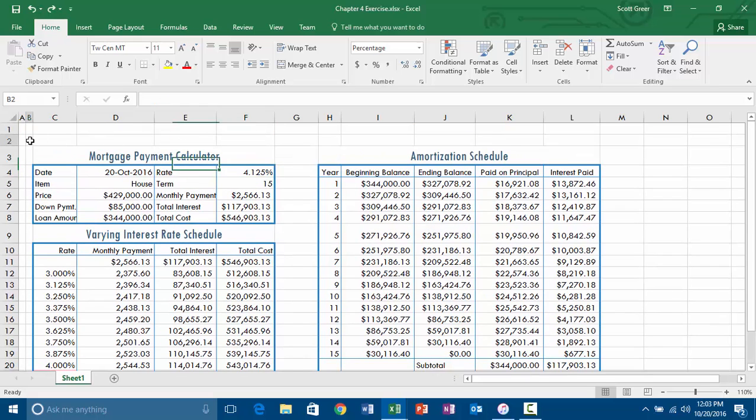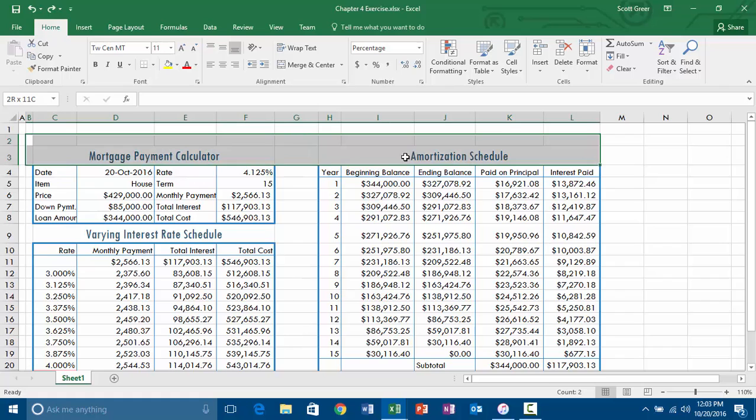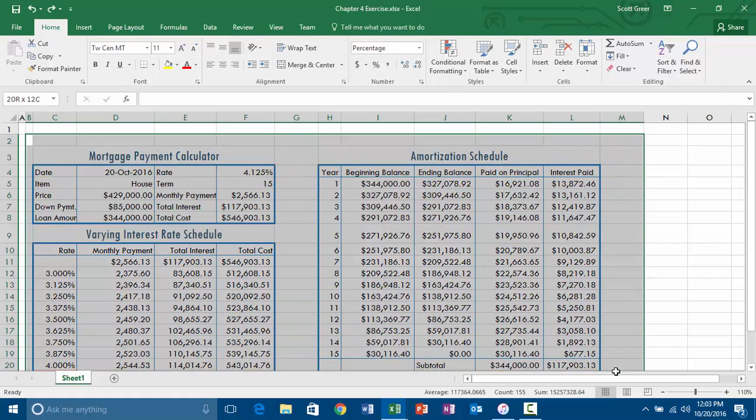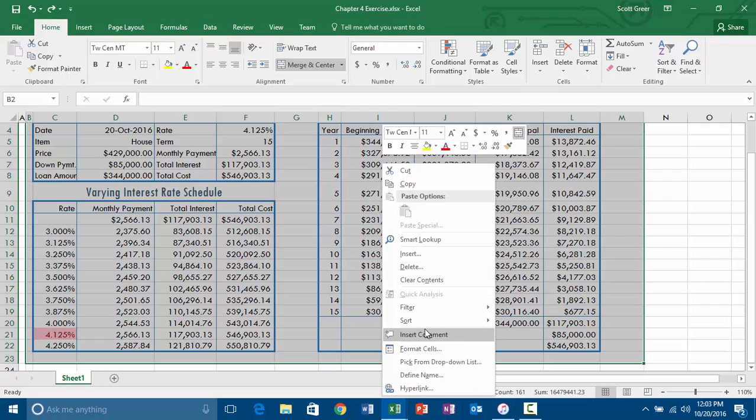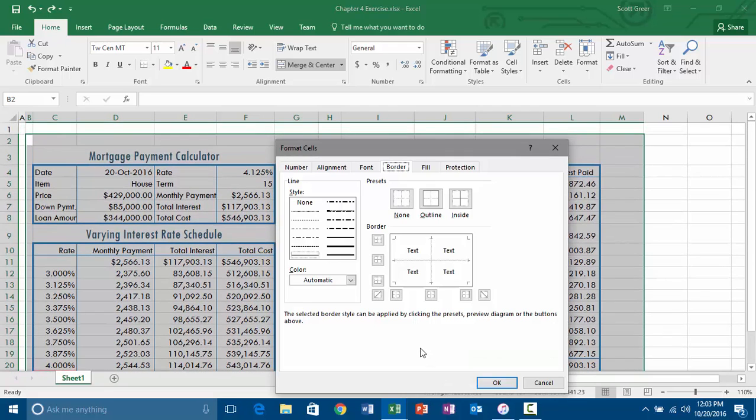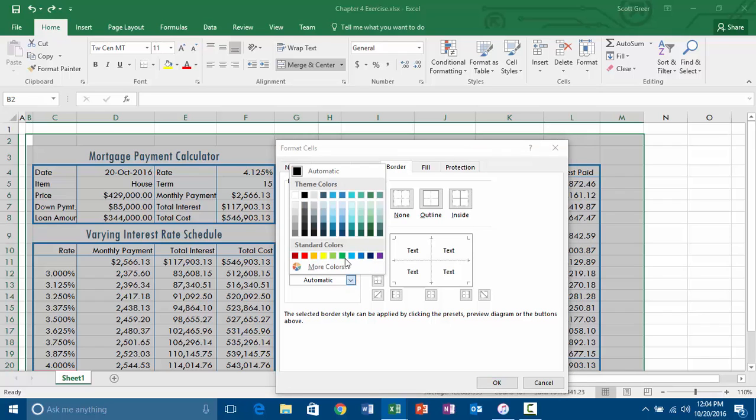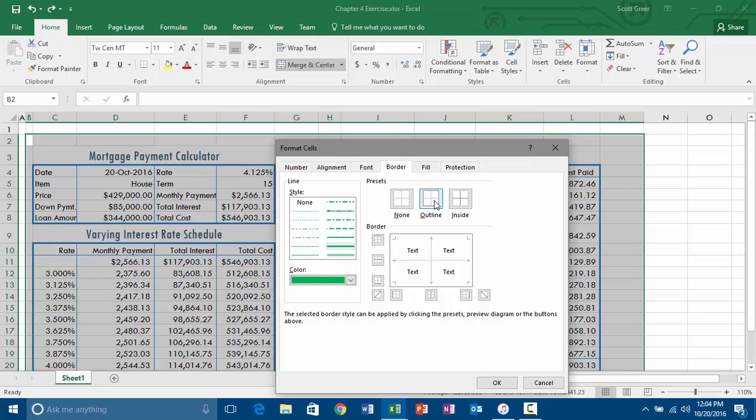We want to put one box around this entire thing. So I'm going to B2 to M2, and then all the way down to M23, I'm sorry. B2 to M23. I'm going to right mouse click and say Format Cells. I'm going to pick a thick green line, and I'm going to do an outline again.